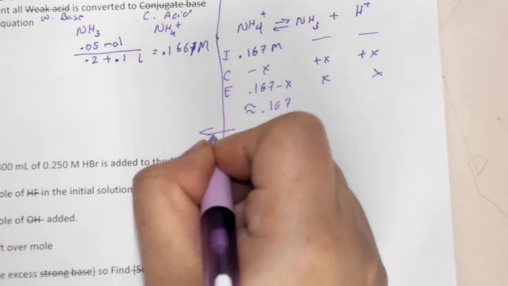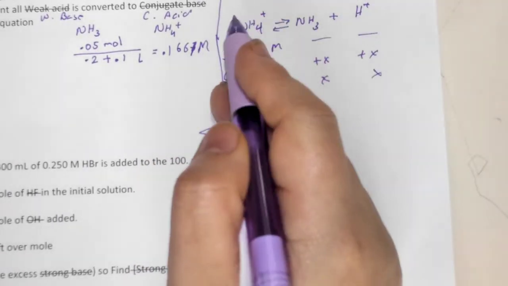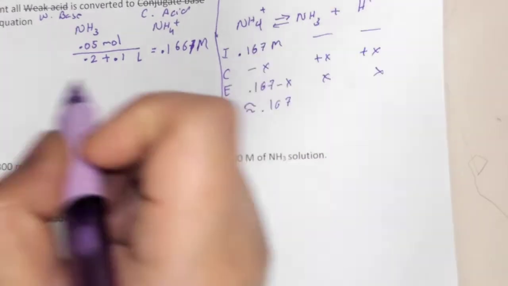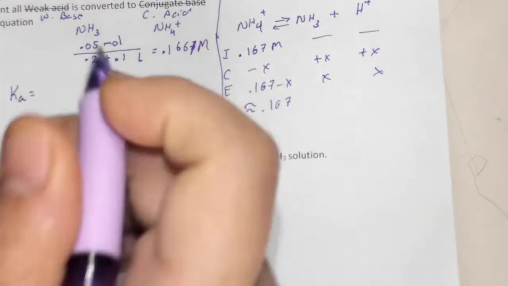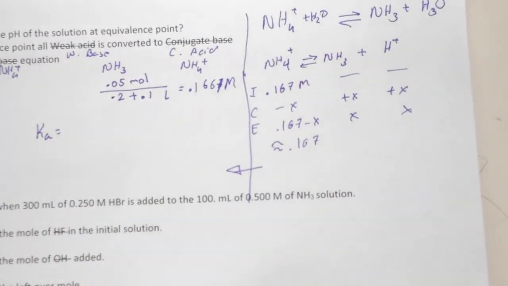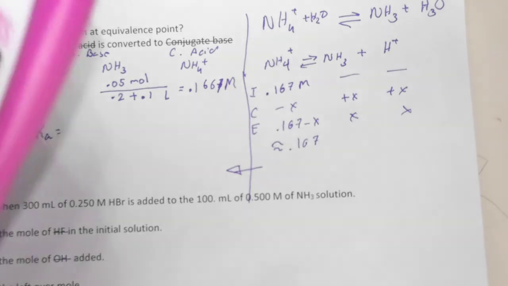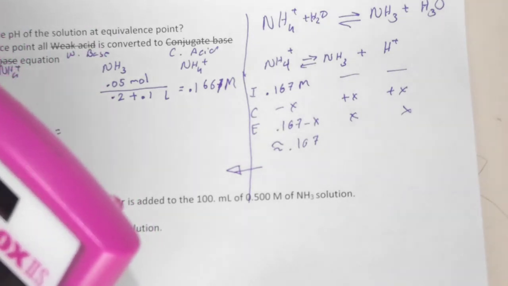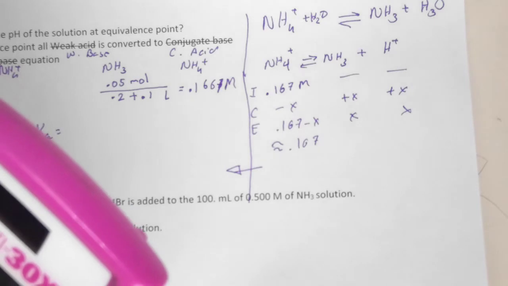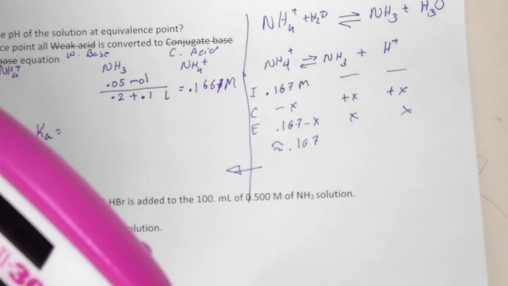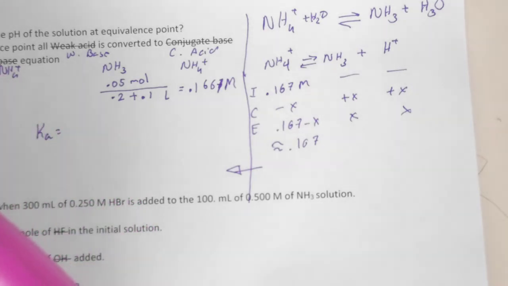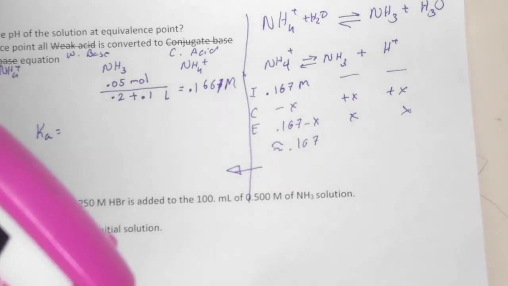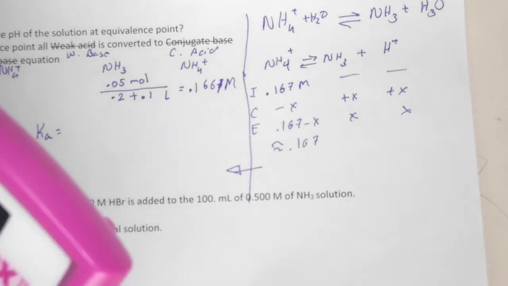So I'm going to come to this side. Okay, this time you have an acid equation. You've got to use Ka, which means not really the other number. You're going to do 10 to the negative 14 divided by the Kb value, which is 1.8 times 10 to the negative 5.